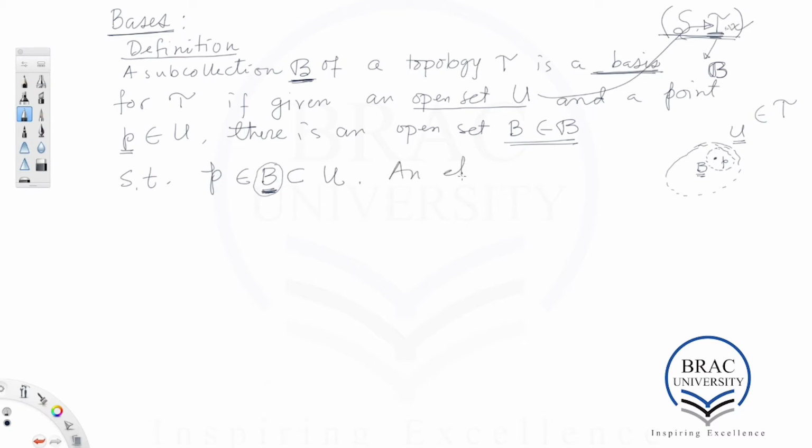An element B, see that an element is denoted by the Latin B, and the subcollection is denoted by this calligraphic B. Okay, so an element Latin B is called a basic open set, okay, which is an element of the basis of the topology. Example.